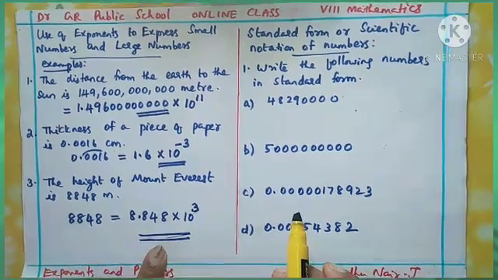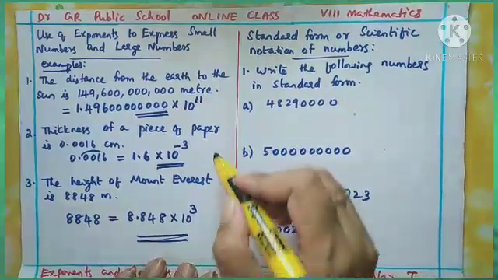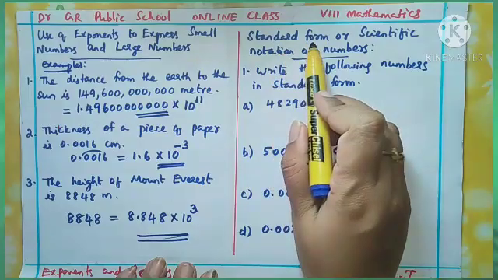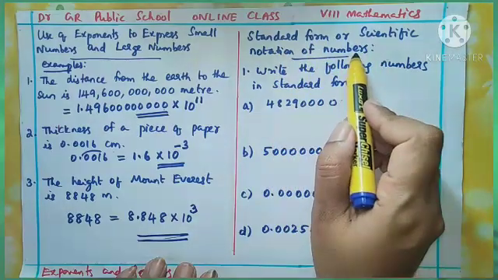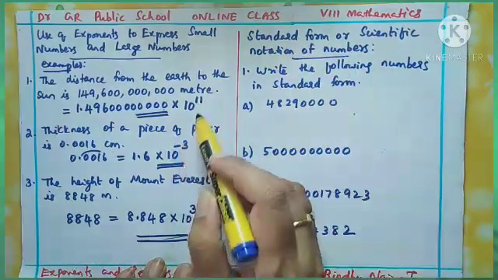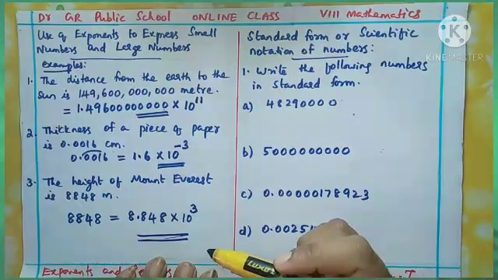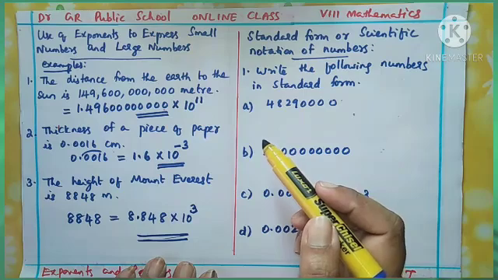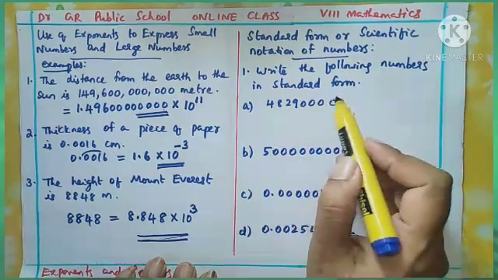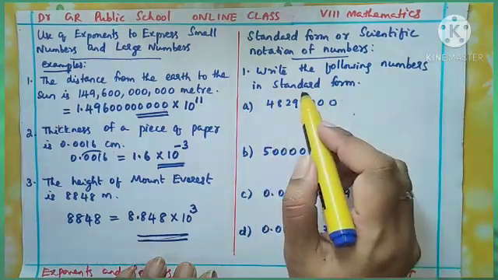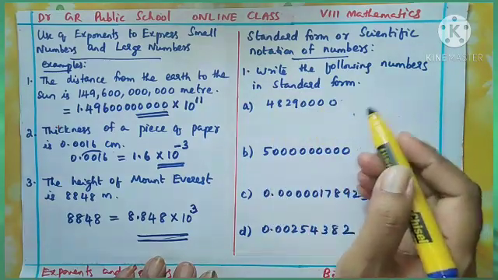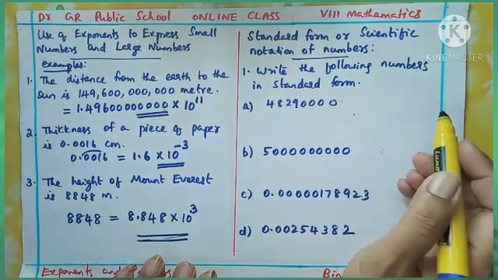Understood? Now you are having the question like you are having in the exercise also. Write the numbers in standard form or scientific notation of numbers. So when we are writing in this form, it is called standard form, or otherwise we can say it is scientific notation. Okay. So the given number, very large number or very small number, you want to represent in standard form.